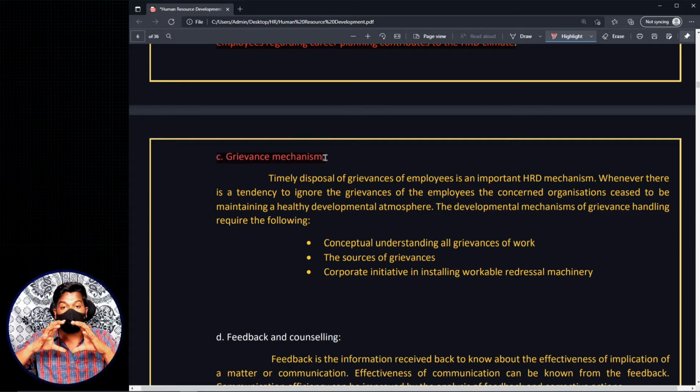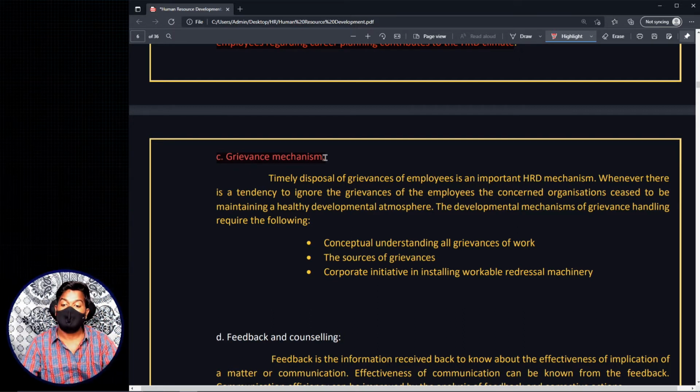Now in order to create a positive environment, organizations have to eradicate these grievances. That means organizations have to identify and solve these grievances, because if you have a positive environment in your organization without any grievances, that will definitely have an impact on the employees, the way they perform, the way they think, the way they perceive, which in turn can be useful in order to develop the particular employee.